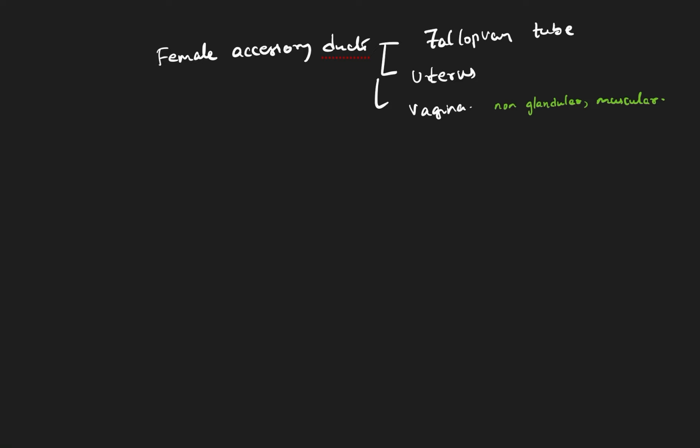Basically it has the labia majora, labia minora, all those portions. So this outermost portion, if you see, is known as labia majora. And underneath, if you see a little softer skin, that is called labia minora.